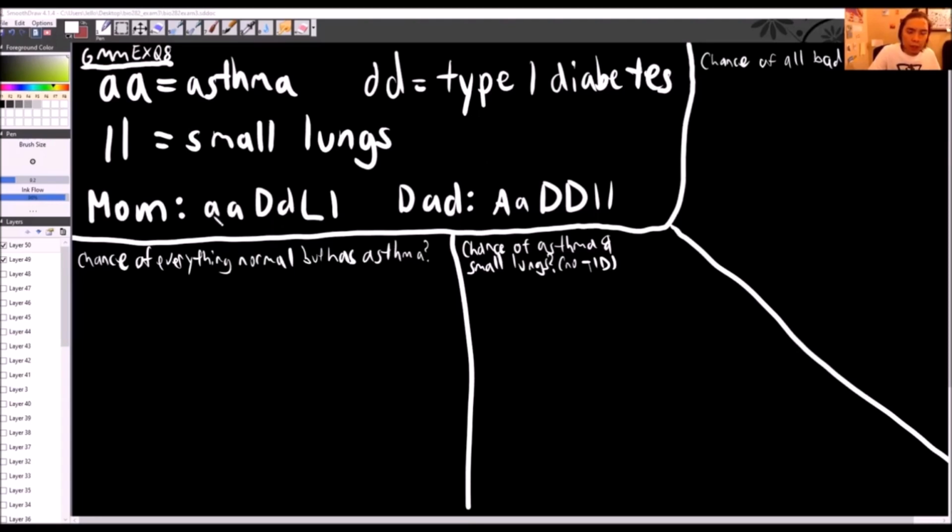Okay, let's break it down. Everything normal means that we need at least one D in there, at least one big L in there, but we need little a. We can do 3 Punnett squares for this.